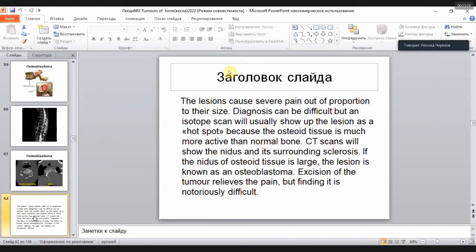CT scans will show the nidus and surrounding sclerosis. If the nidus of osteoid tissue is large, the lesion is known as an osteoblastoma.